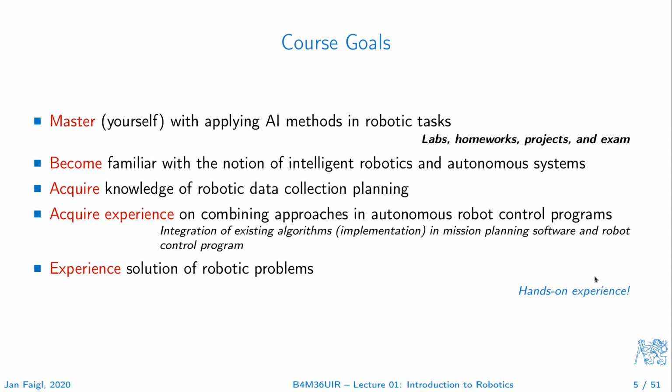So what are the goals of this course? First of all, it's targeted to master applying artificial intelligence methods in robotic tasks. This will be mostly through the labs, homeworks, and project, and finally also the exam.